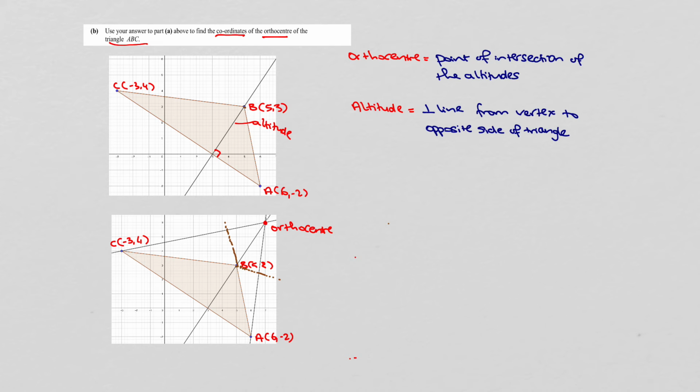Okay, so I'm going to choose one other side. So the side that I'm going to work with is the side BC. So B is the point 5,3 and C is the point -3, 4. So if I get the slope, exactly as we did in the first part of the question, we're going to get the slope and then get the perpendicular slope.